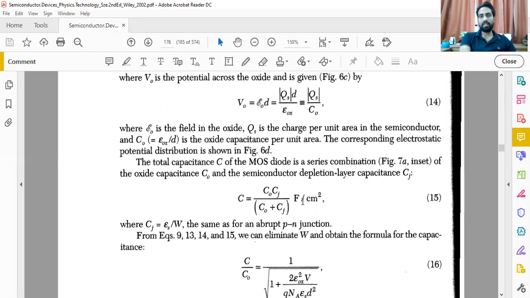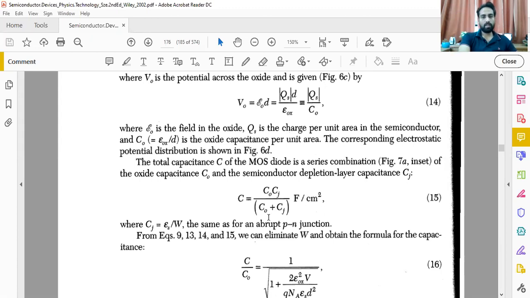The one simple thing is that we have a capacitance for the semiconductor and a capacitance for the oxide, and because they are connected with each other, they are in series. When they are in series, the net capacitance can be calculated with the formula of series combination capacitance: 1 upon C1 plus 1 upon C2.